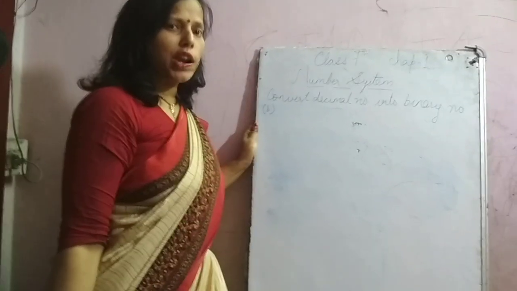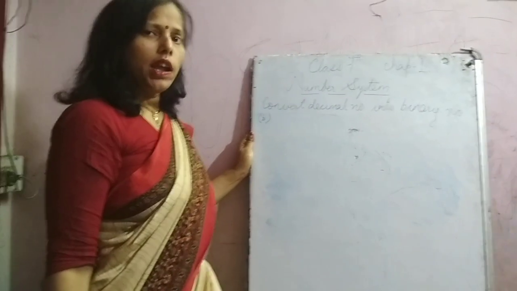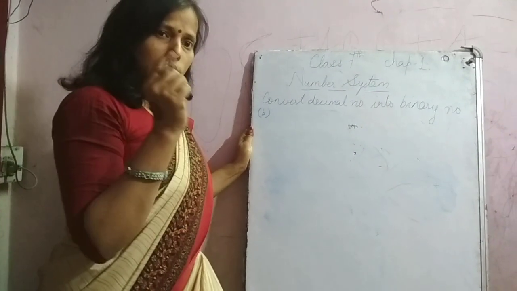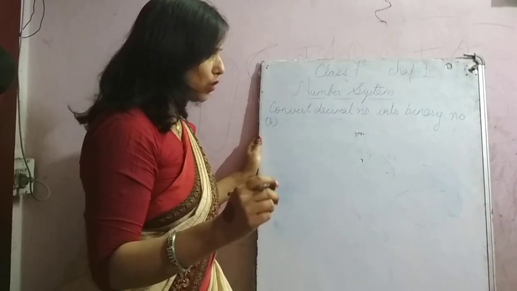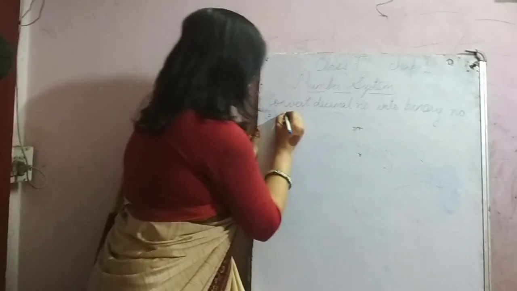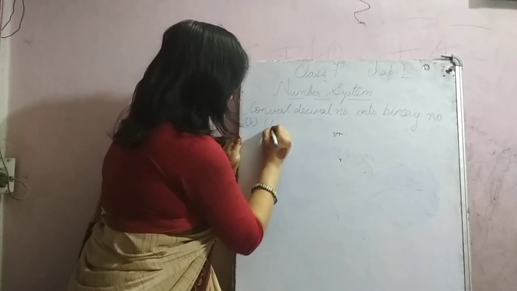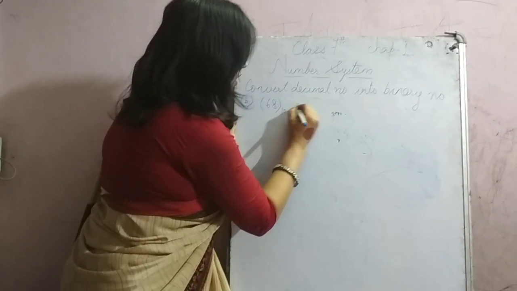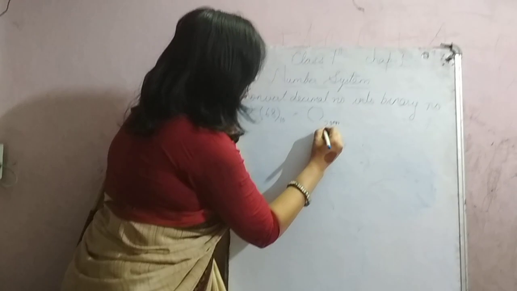Just see and try to make it. While writing this in your copy, try some more questions so that you can understand it. One more example. 68 base 10. You have to convert it into binary number.